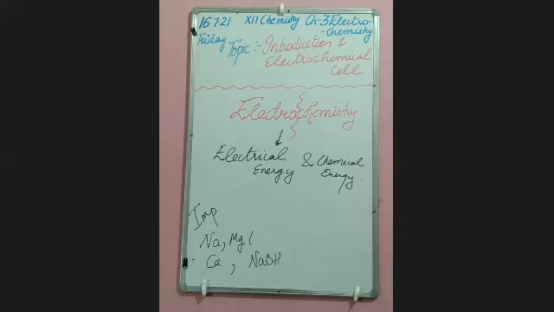So electrochemistry has vast importance in our daily life, even in our body. I hope the meaning of electrochemistry and its importance is clear to you all. Is there any doubt? Then please let me know.